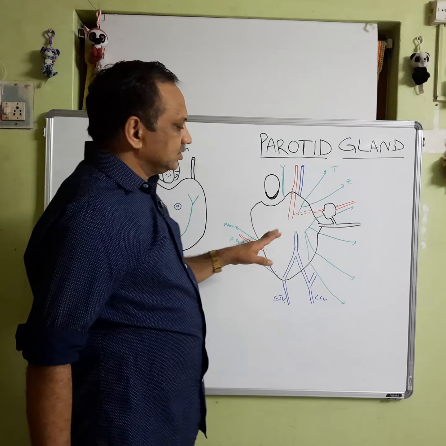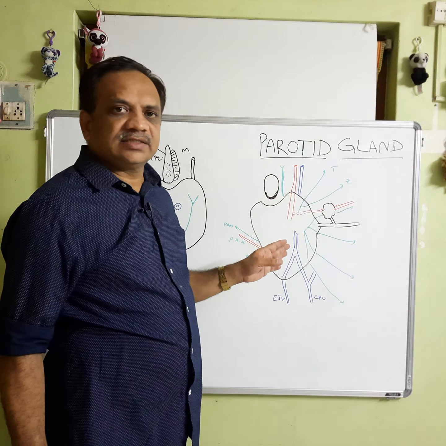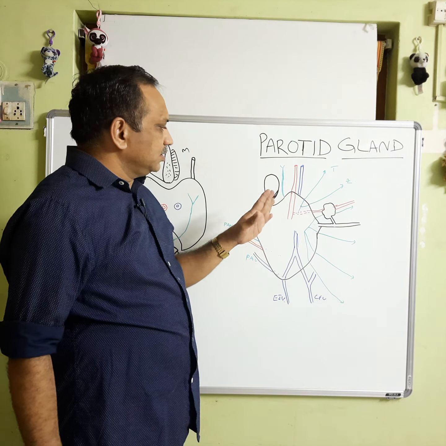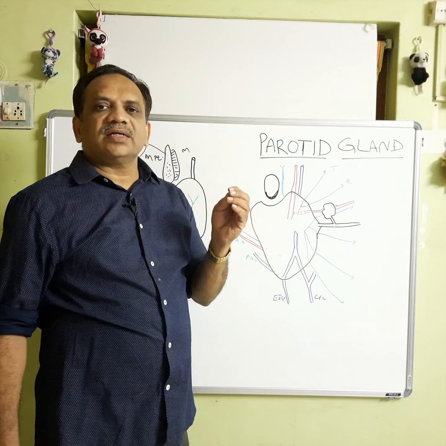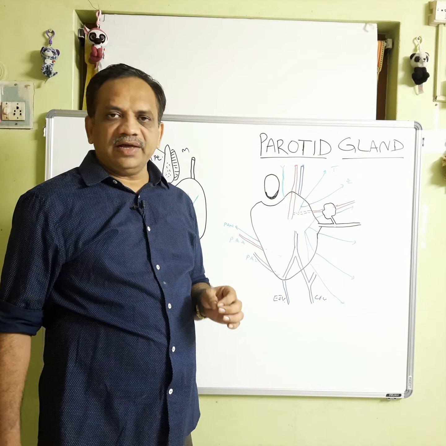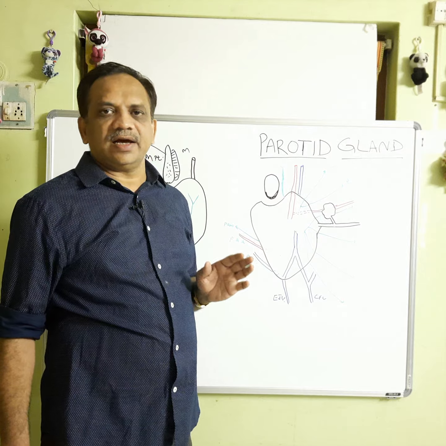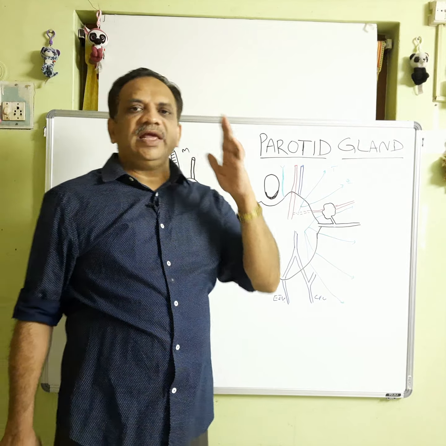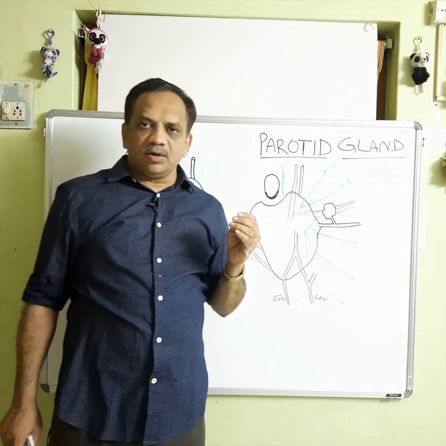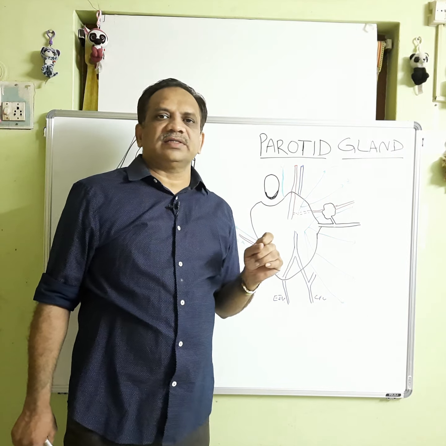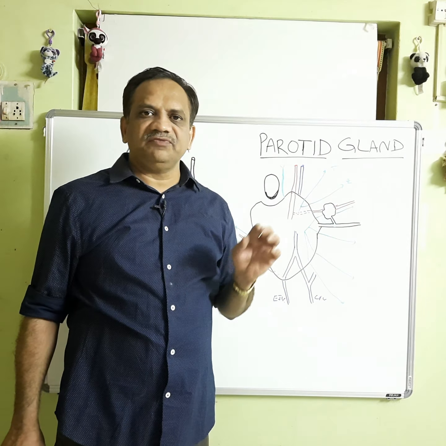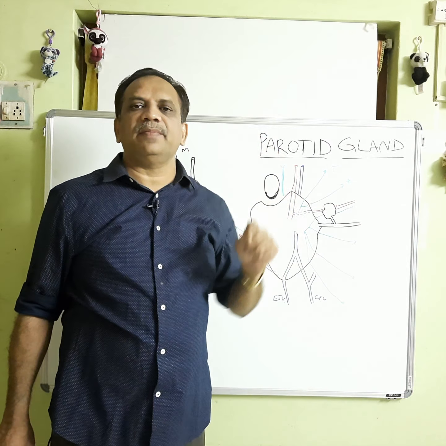Then coming to the nerve supply, it has a secretomotor nerve supply, that is the parasympathetic nerve supply from the otic ganglion. So, the preganglionic secretomotor fibers are coming from the inferior salivatory nucleus, in the medulla oblongata.